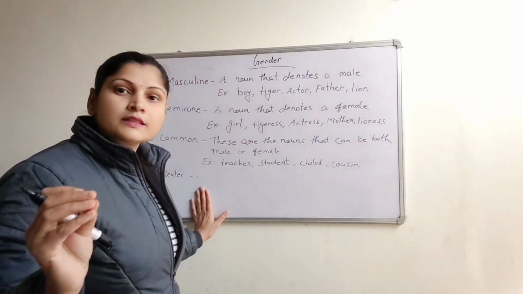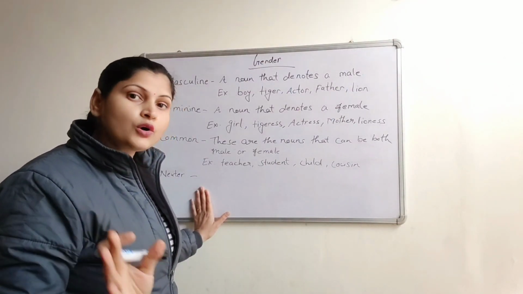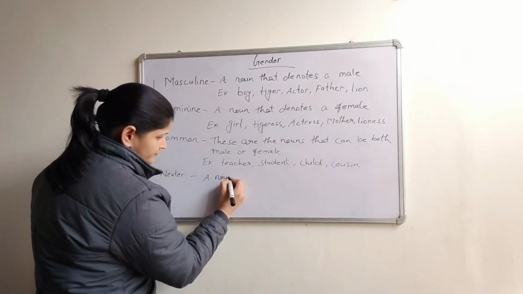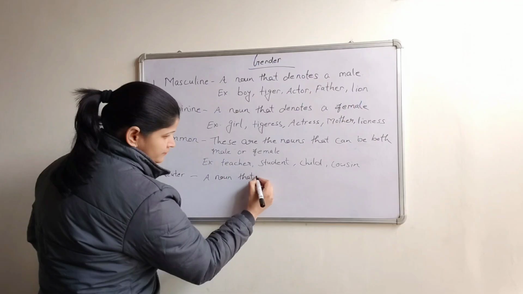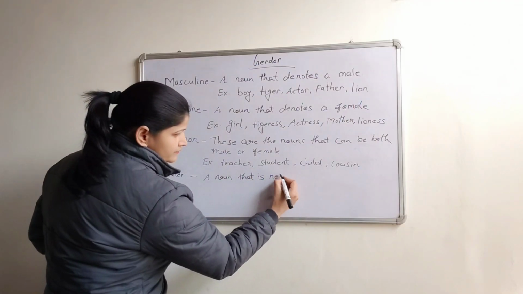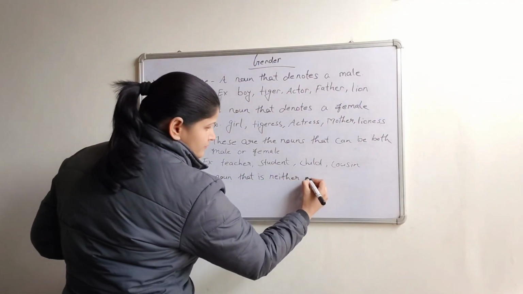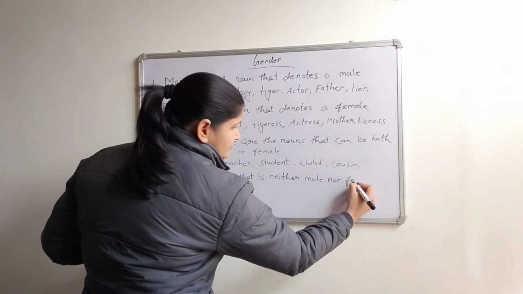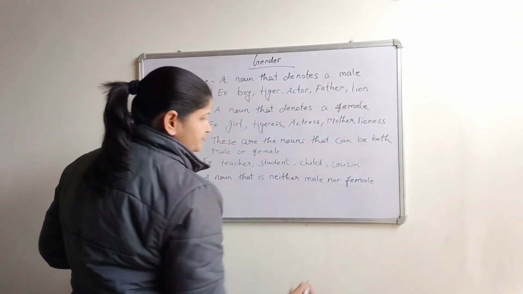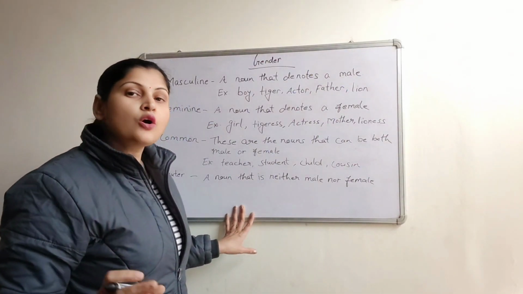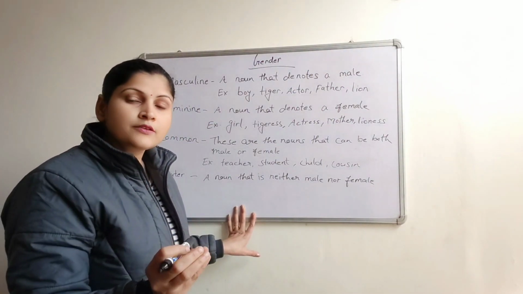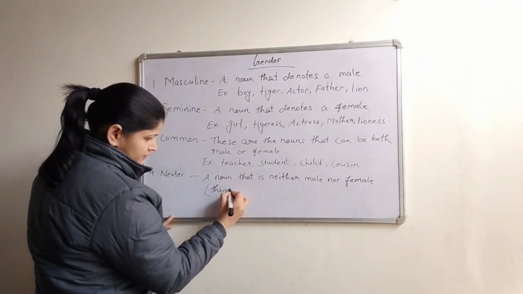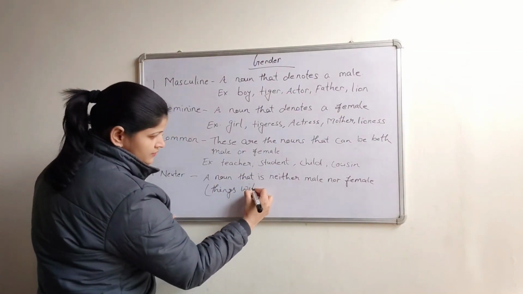And the fourth one is neuter gender. A noun that is neither male nor female. Means the non-living things, things without life.